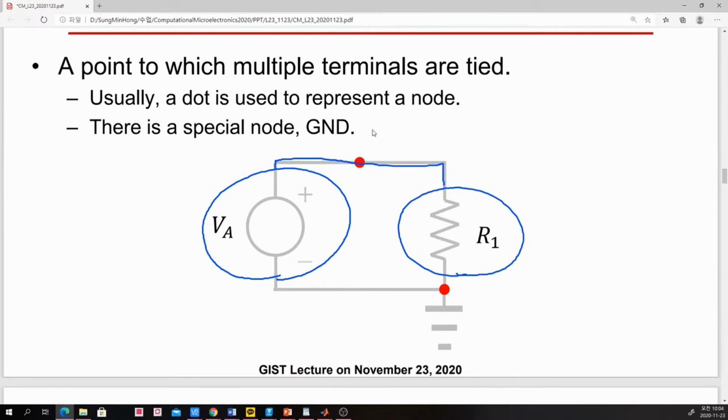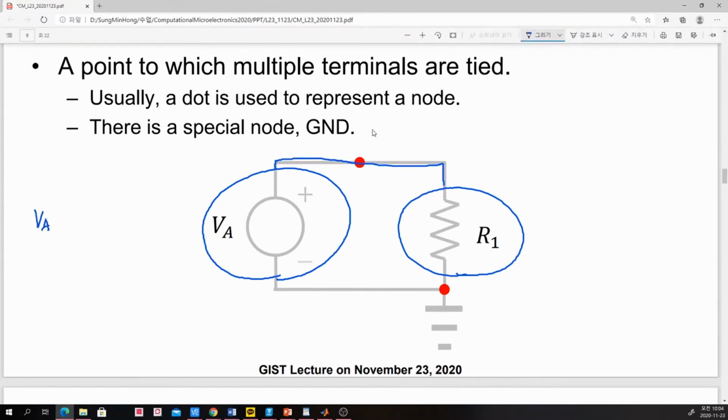But you can think about these two different cases. Although VA and R1 are connected, these two are completely different situations. Minus and plus are connected. Sorry about that.